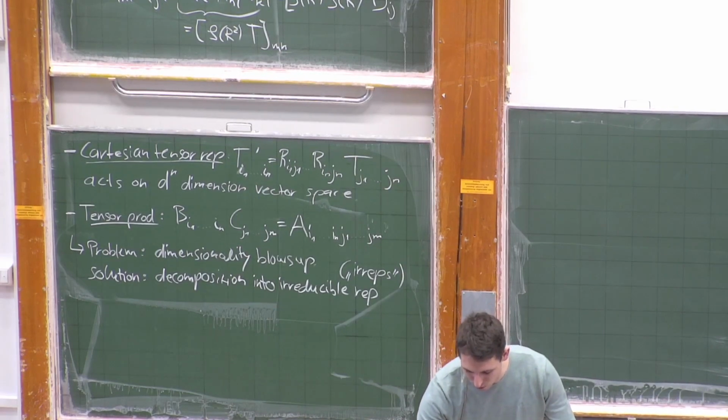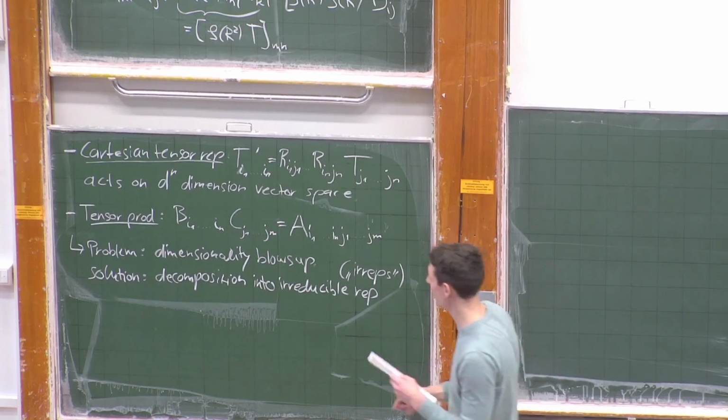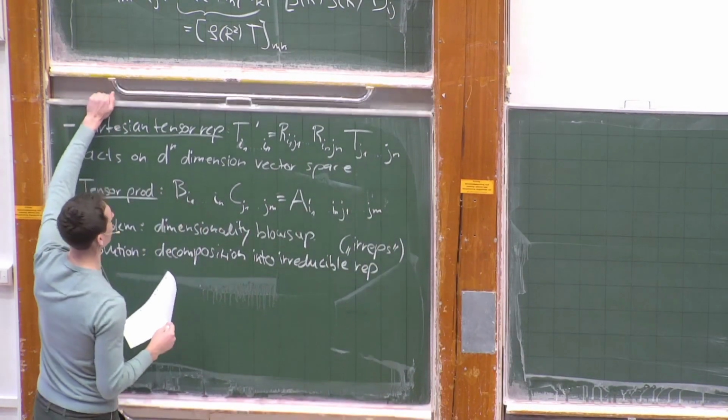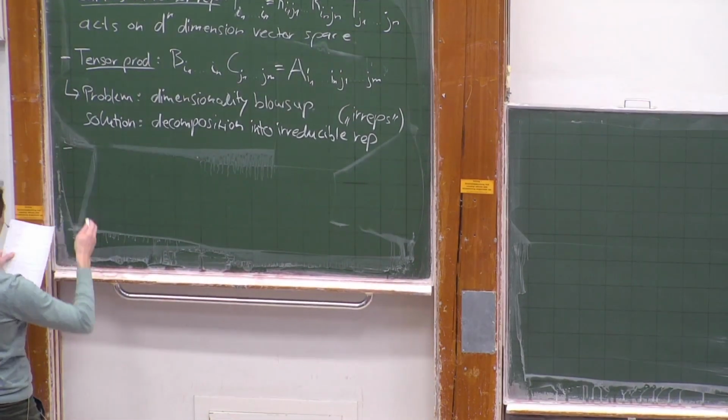And in order to understand the notion of irreducible representations, we will look at another definition, namely the definition of subrepresentations.